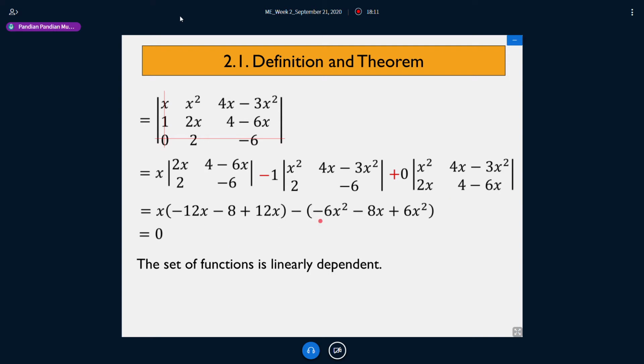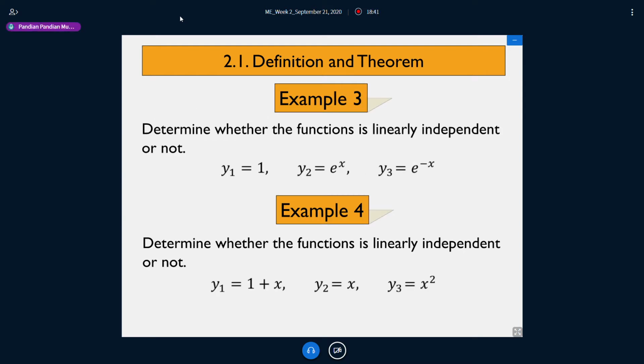So you simplify: minus 12x, 12x cancel off. This is minus 6x, this is 6x, cancel off. This one is plus 8x, this one minus 8x, 0. So the answer 0 is correct. Therefore, the set of functions is linearly dependent according to the theory.